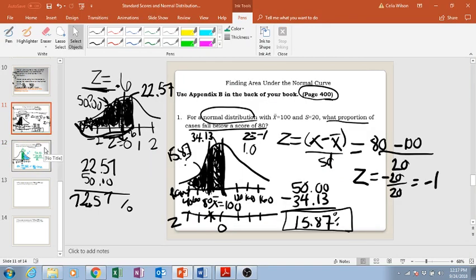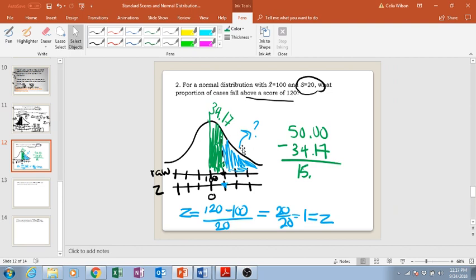Remember? 15.87. Oh, so it's 34.13. I thought that looked a little off. Sorry about that. I knew it was 15.87, but that's where that 7 came from in my head. But anyway, so the scores above this blue part is equal to 15.87.